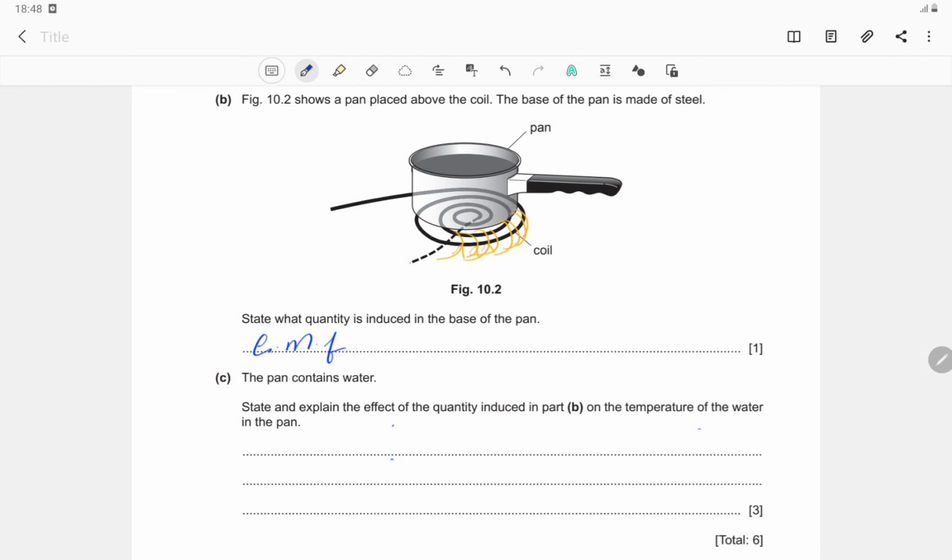So you can write down, due to this induced EMF, there will be a current in the pan. That is the first point you can write, which is already mentioned.